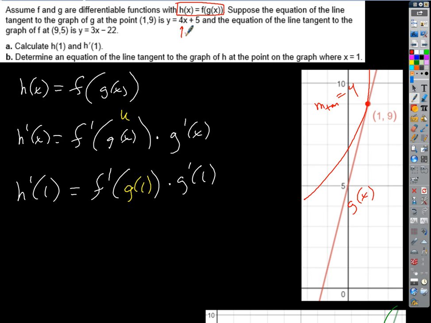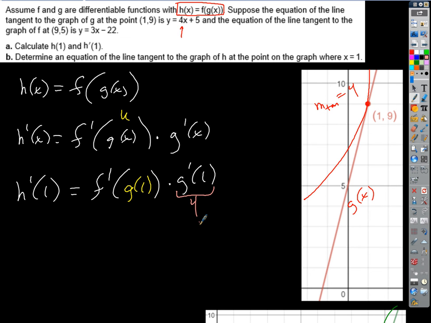Right, that's the tangent to g at that point. Okay? So this guy gets replaced with 4.